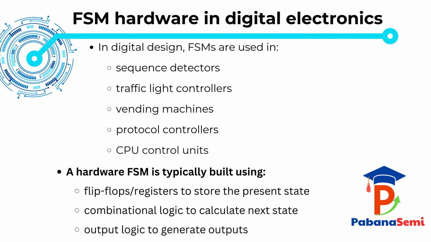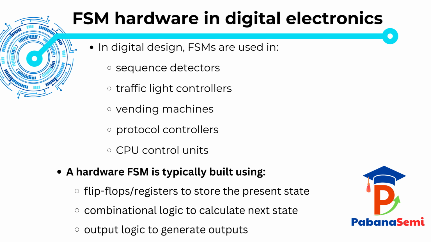In digital electronics, finite state machines are widely used to control systems that operate in a sequence of states. You will find FSMs in many real-world digital designs. For example, they are used in sequence detectors, where the system monitors an incoming stream of bits and detects specific patterns. They are also used in traffic light controllers, where the lights change from red to green to yellow in a predefined order.